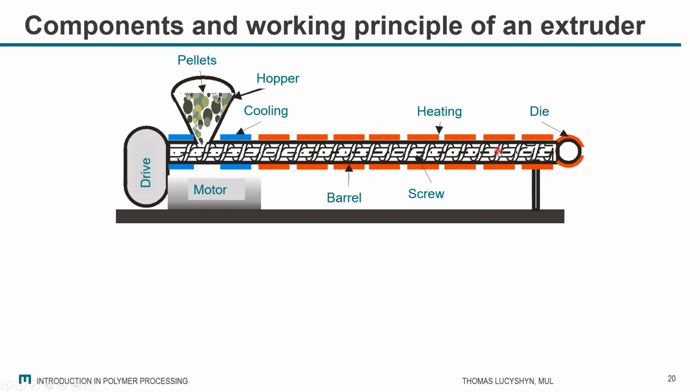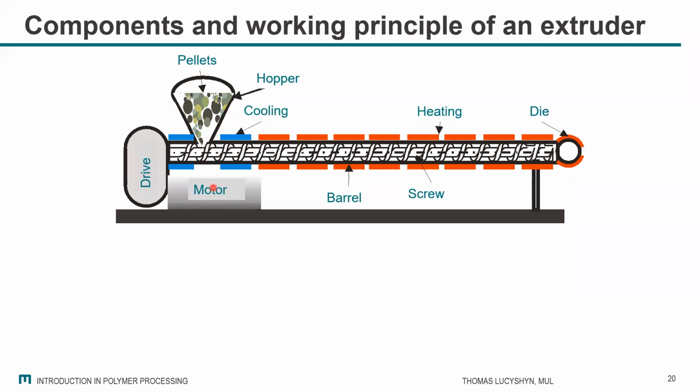This screw is continuously rotating, and by rotating, it transports the material from here to the front. To introduce the material, we have a hopper, and typically pellets are introduced to this hopper. The entrance section has to be cooled, otherwise the material would already melt here and the pellets would not fall in, but make a huge bunch of material, and it would block everything.